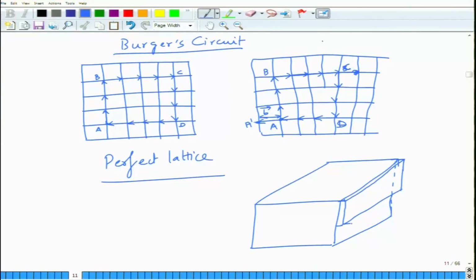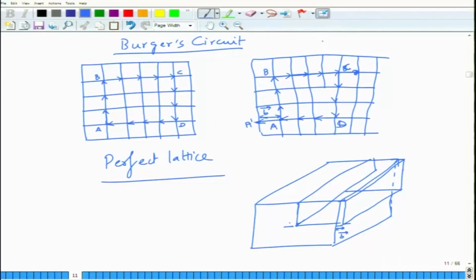This extra step is the Burgers vector, and your dislocation line runs in this direction. This is your extra plane of atoms. So the Burgers vector is perpendicular to the dislocation line in the case of an edge dislocation.